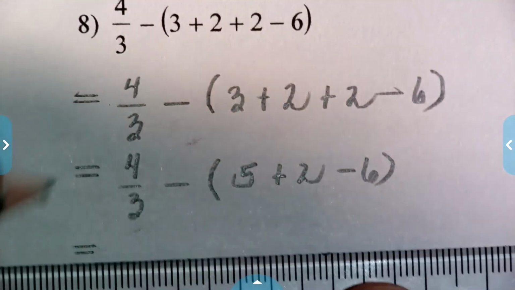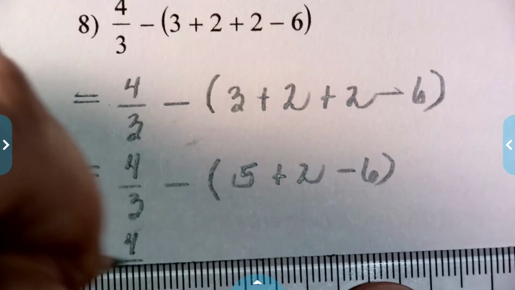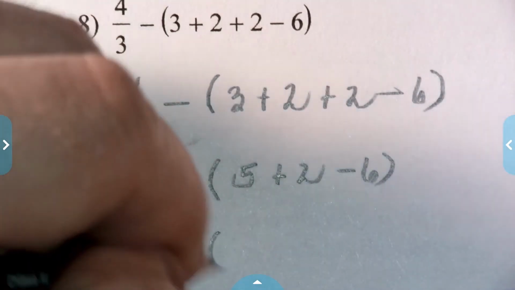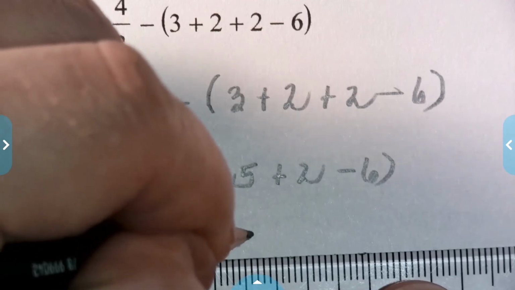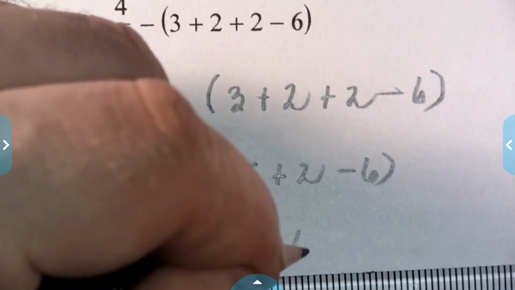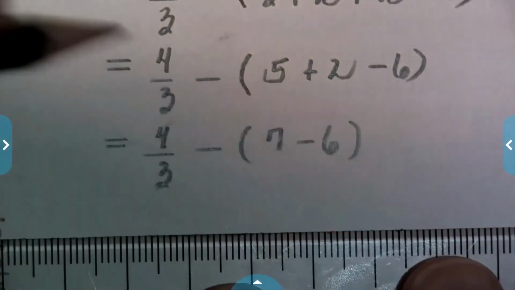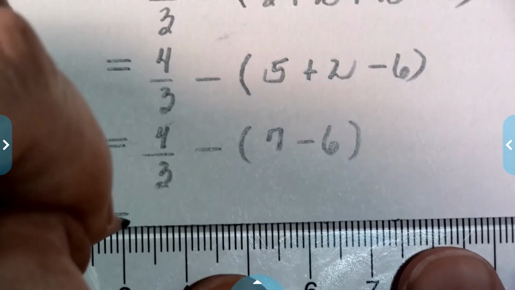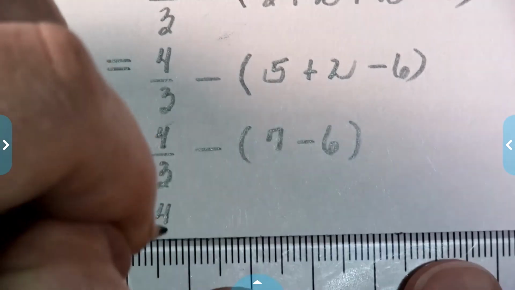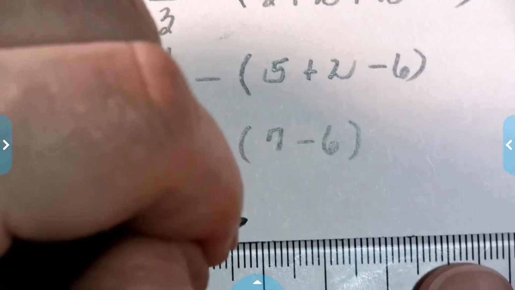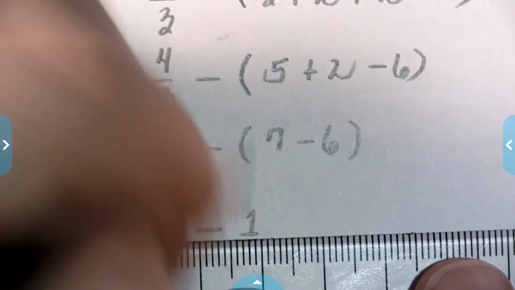And that equals 4/3 minus 7 minus 6. 5 plus 2 is 7, which leaves me 4/3 minus 1.